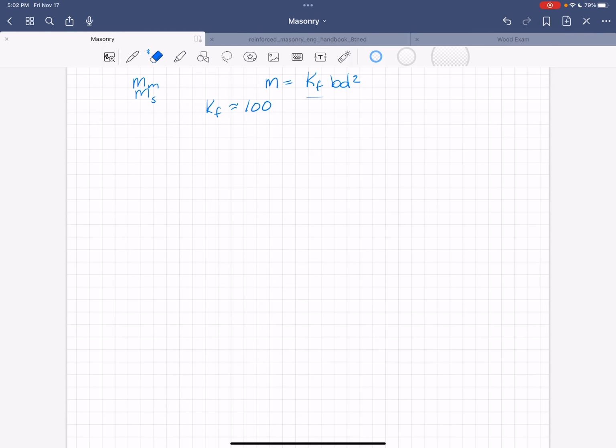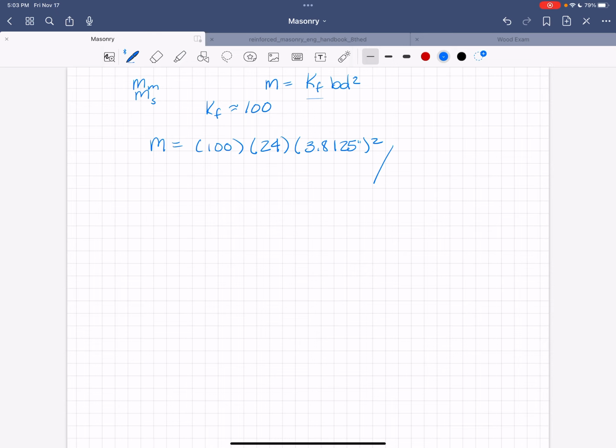All right, so moment equals K, 100, times b, 24 inches, d squared. I could look at a b of per foot, but I think it's a little clearer to do that. And then our moment is going to be per foot of wall, right? So per foot of wall, and I have a 2-foot wide slice right now.